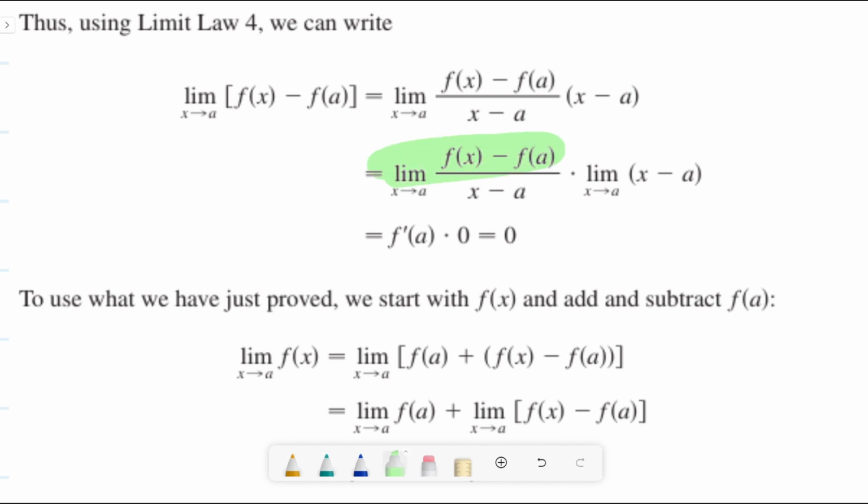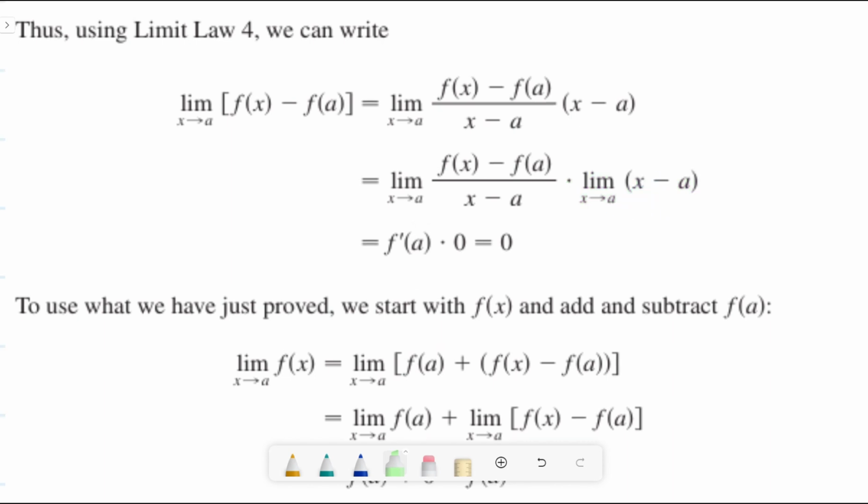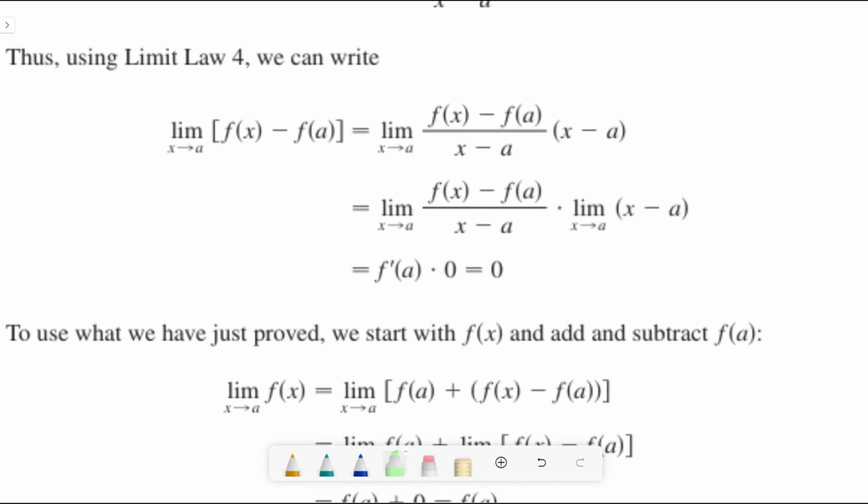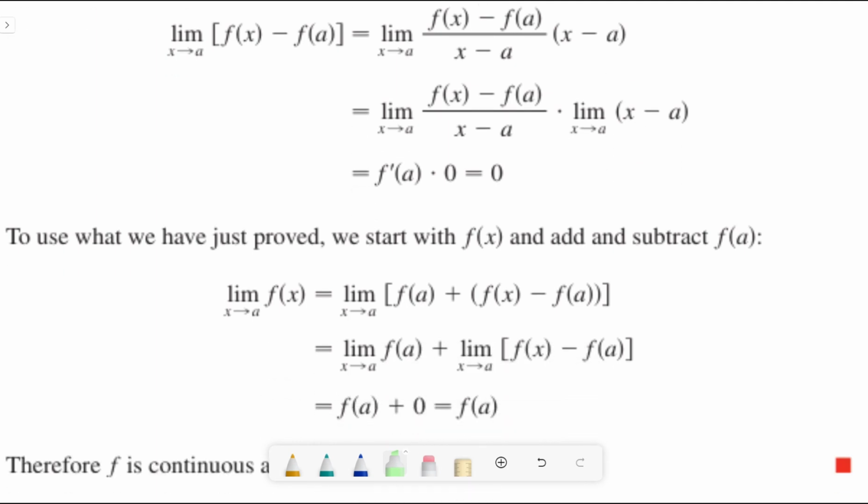Now let's look at this first limit. What is this? This is f prime of a. We learned this at the start of this video. And what is the limit of x minus a as x approaches a? We plug in a into x minus a, we get a minus a, which is 0. So f prime of a times 0 is 0.